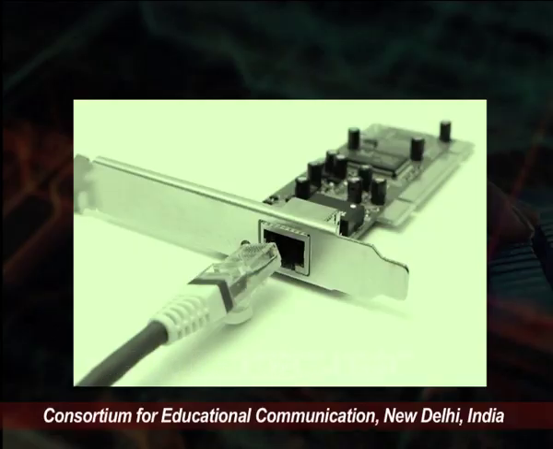So, the card which is shown is actually your Ethernet card or NIC, as I have already told you, and then you can see a cable, and at the end of the cable there is a connector. Please recall that this connector is an RJ45 connector which we have just described.